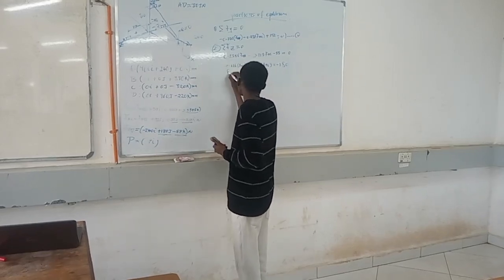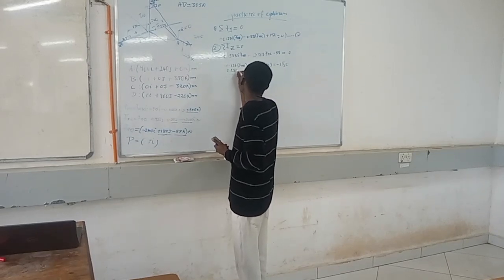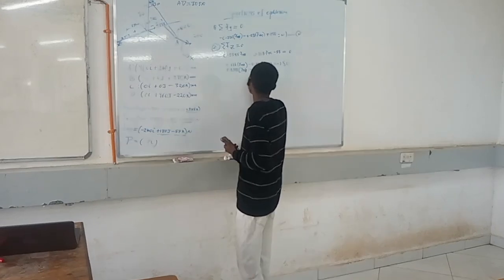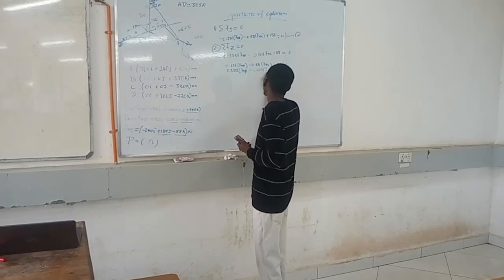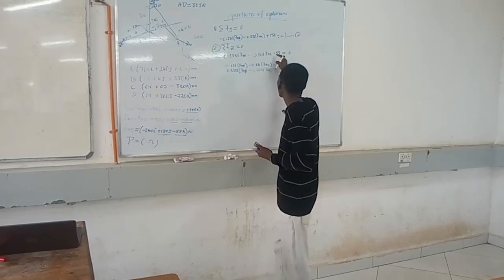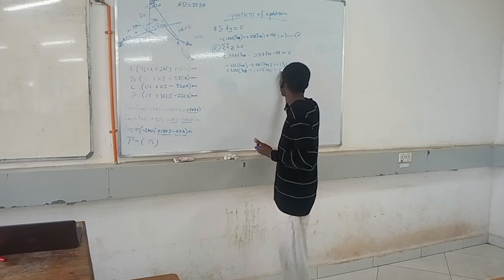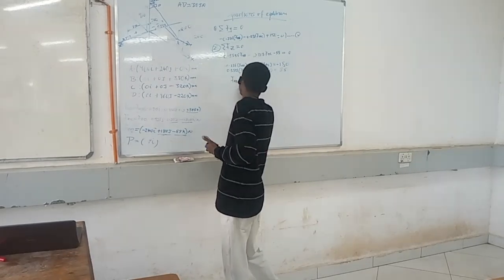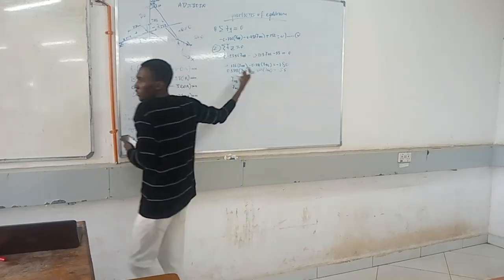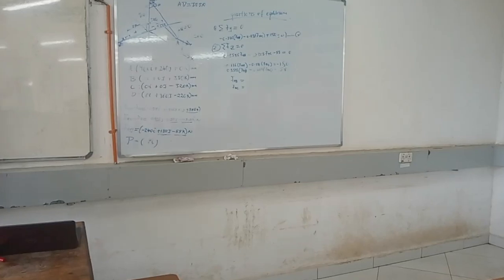Also this one, 0.3585 force AB minus 0.308 force AC is equal to 55. When it goes to the other side, it is going to be positive 55. Therefore, force AB is equal to and force AC is equal to. So you can solve those equations using your calculators.